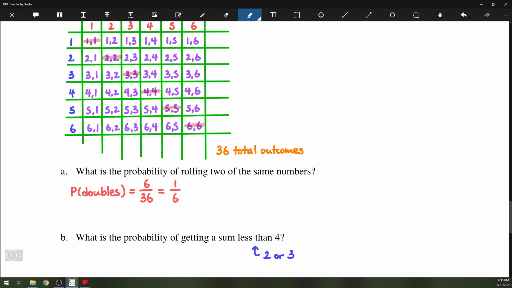Okay, so this makes a 2. 2 plus 1 is 3, and 1 plus 2 is also 3, and those are the only 3 outcomes that are less than 4. So you can simply write the probability as probability of sum less than 4. There are 3 outcomes that are favorable, again, out of 36, and this time it could be reduced to 1/12.